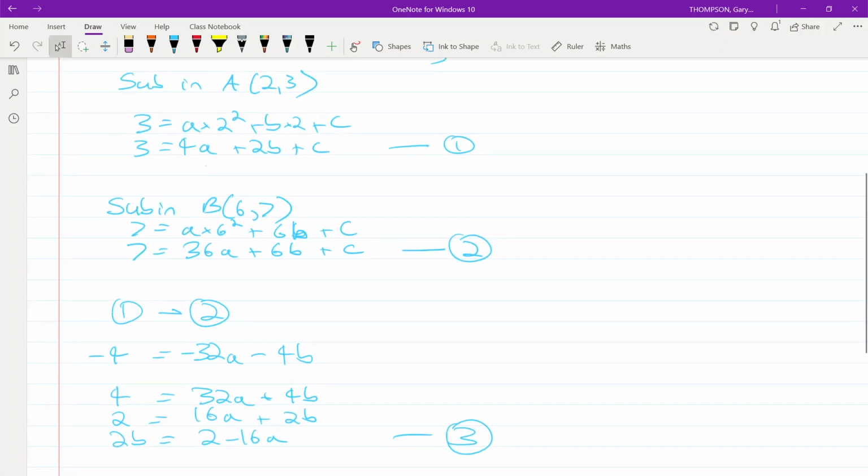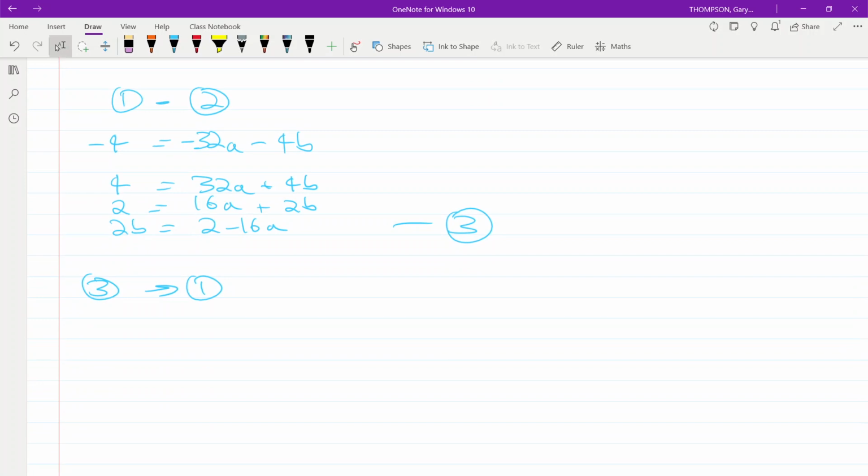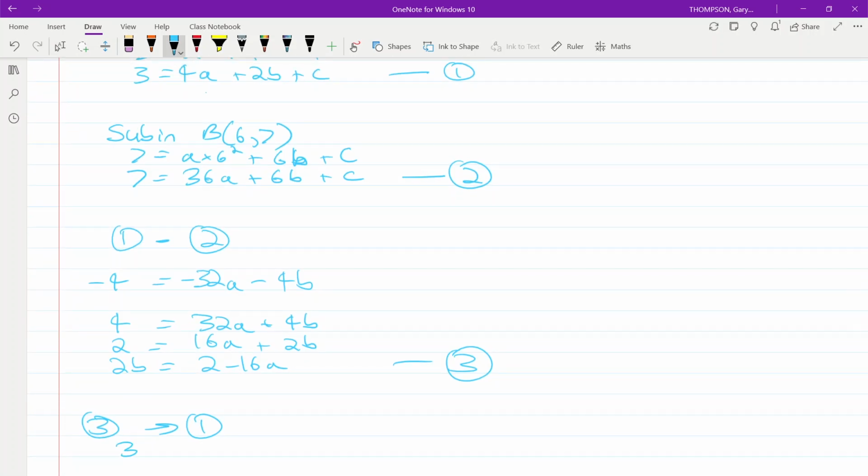Now, I'm just leaving it as 2b. Why? Because if 2b is here, I can use substitution to replace this 2b. So 3 is getting substituted into 1, which is 3 equals 4a plus 2b plus c.